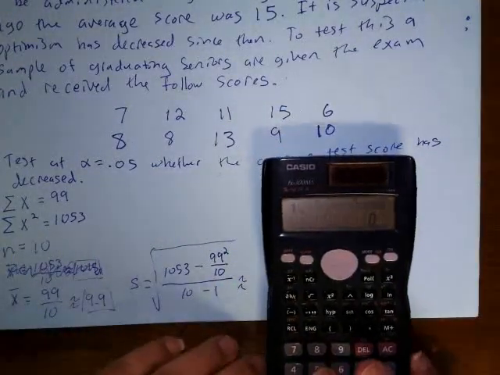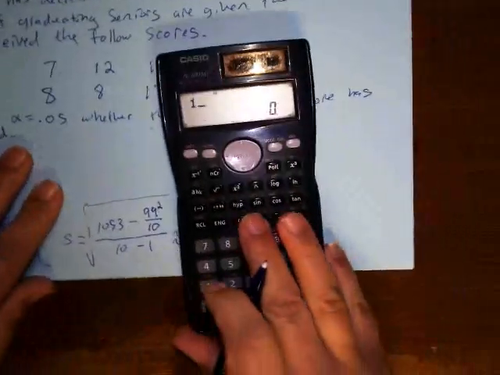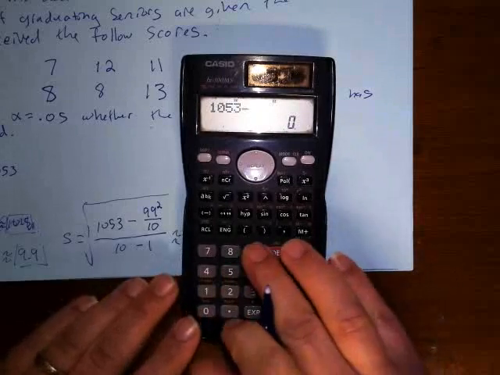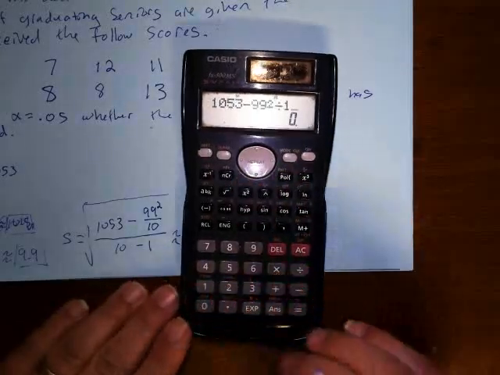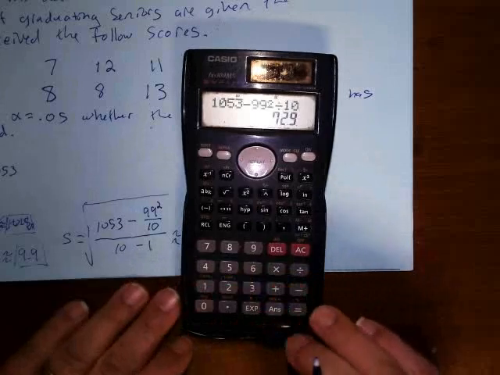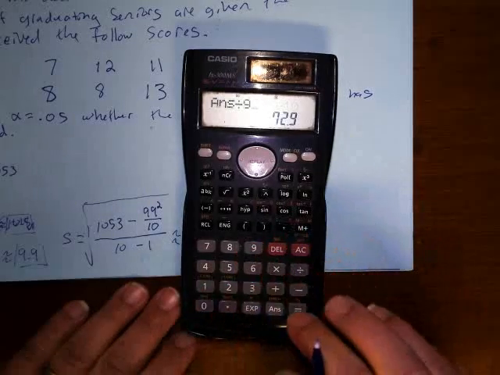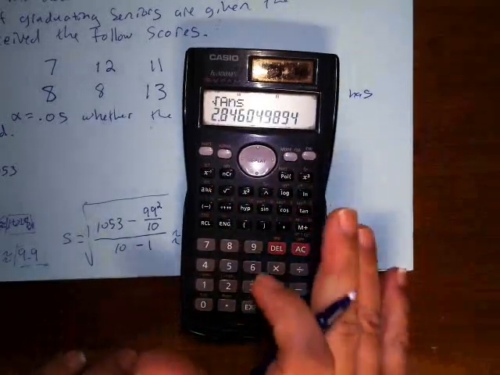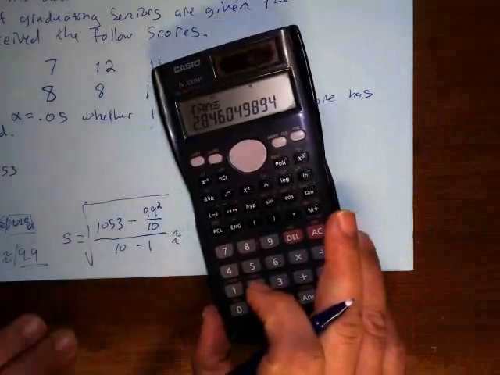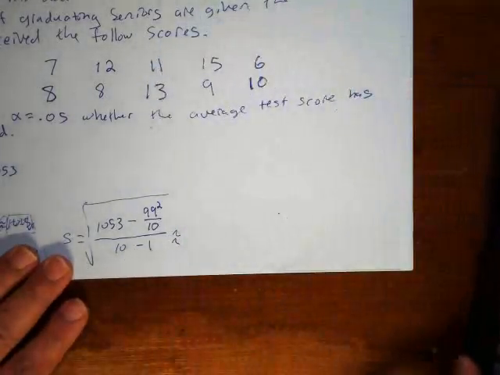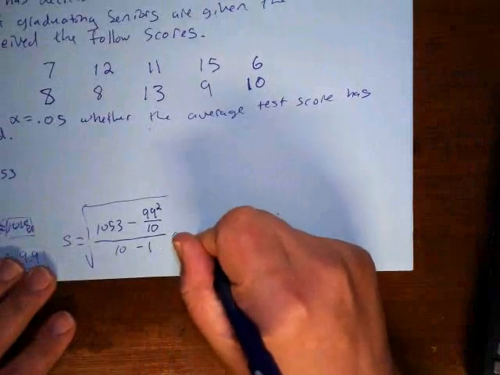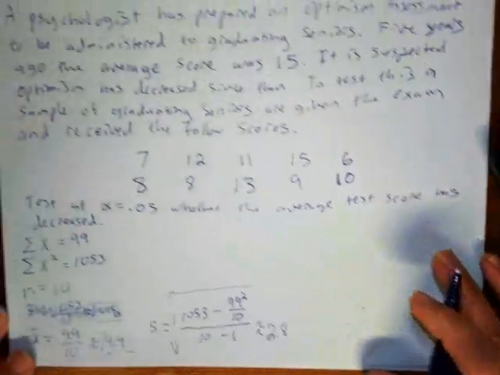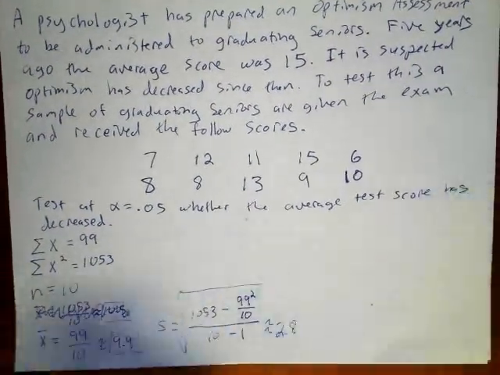So 1053 minus 99 squared divided by 10. That's my top. I'm going to divide that by 9. That would be the variance. Take the square root, and that would be my standard deviation, 2.8. I'm going to round to the tenths place. Now that I've got my mean and standard deviation, I can perform the test.